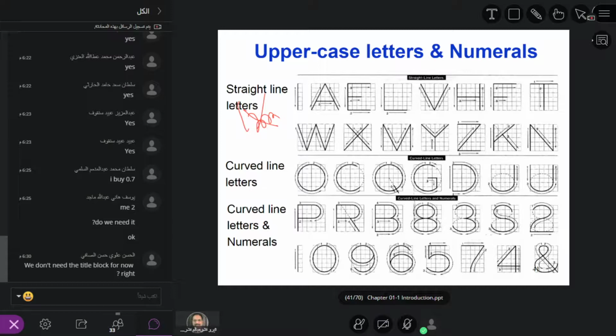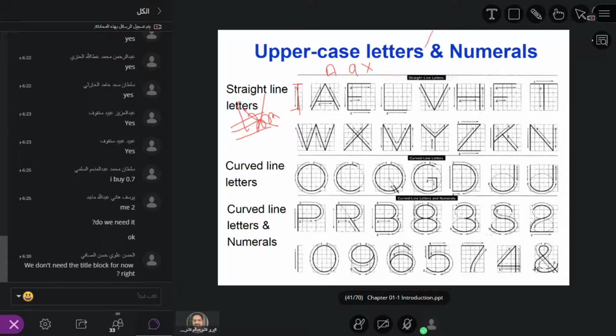This will get you 0 marks if you write something like that. Remember, you are writing on a professional drawing sheet, so you should follow very clear instructions and the standard. So I should be like this, A should be like this. It's not as you wish. Somebody writes like this, somebody like this. So these are all wrong. You will be losing marks.